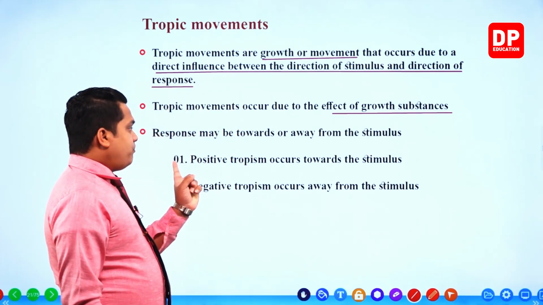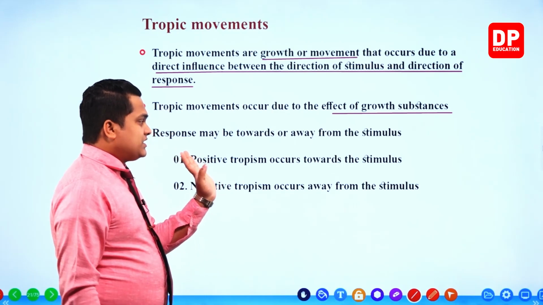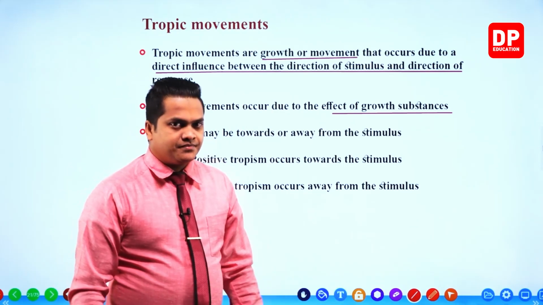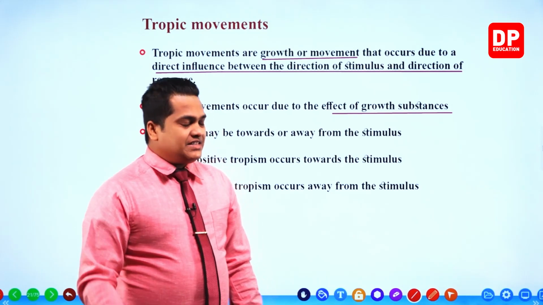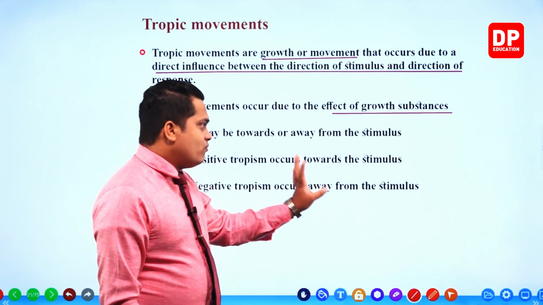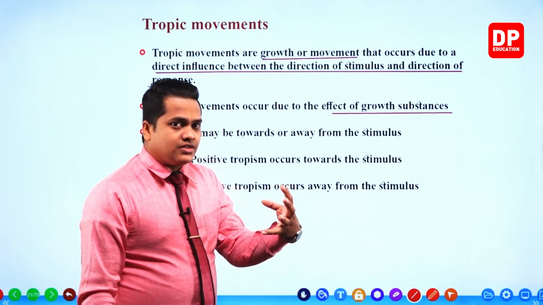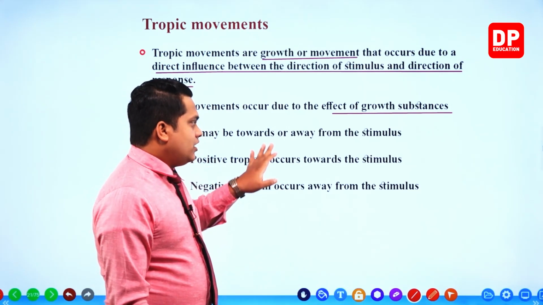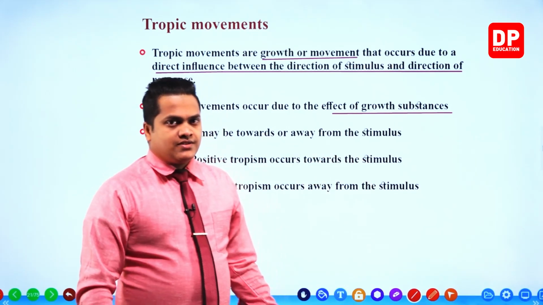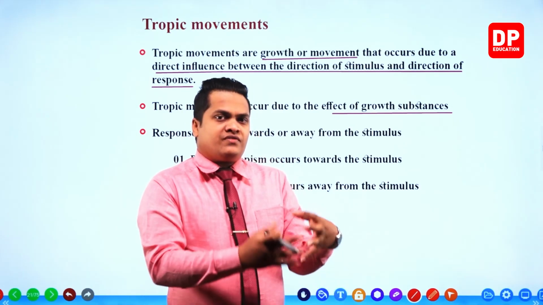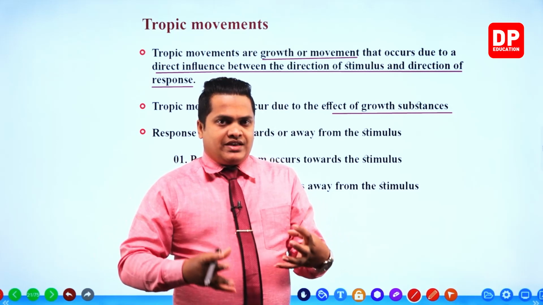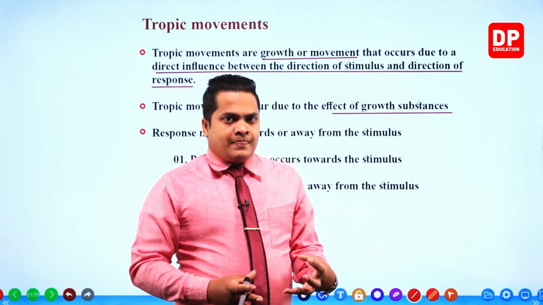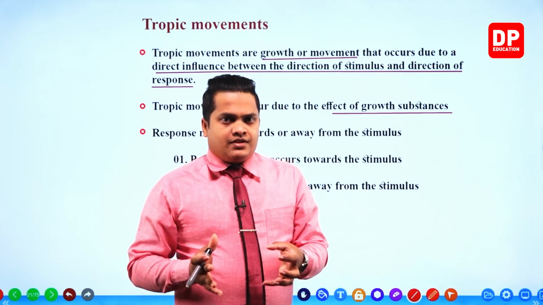Number one, positive tropism or positive trophic movement. Positive means these kinds of movements or growth always occur towards the stimulus. Positive means to the direction of the stimulus.